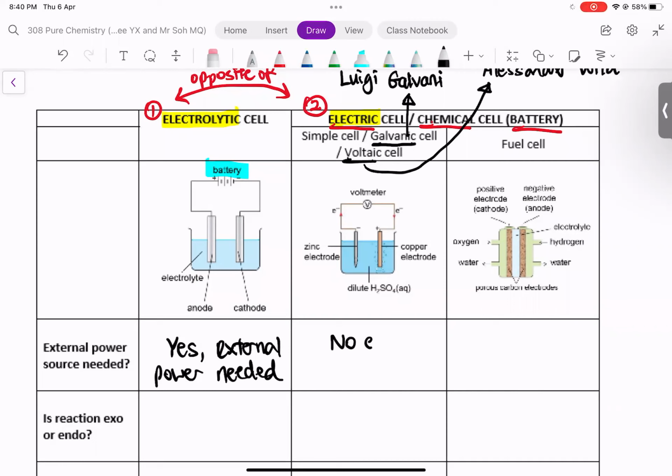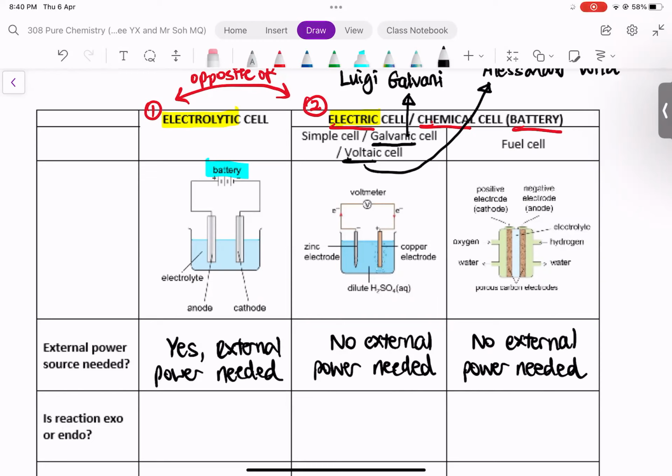No external power needed. They do not need to take in energy from external sources. So remember that fuel cells are one type of electric cell. So fuel cells also don't need external power. So that's the first major difference between electrolytic cell and electric cell.